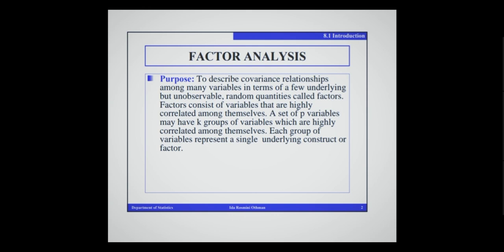So K will be less than P. Each group of variables represent a single underlying construct, or is called factor. So each group of the variables, each group of highly correlated variables tadi dinamakan factor. Okay, dinamakan factor, a unique factor.